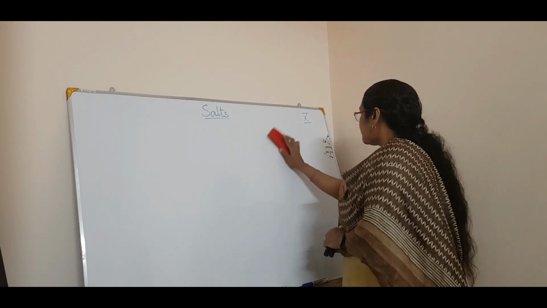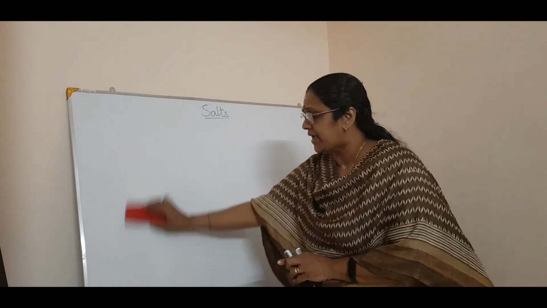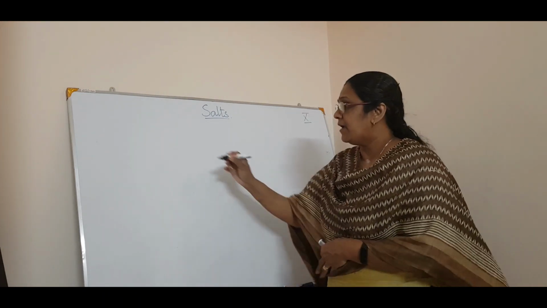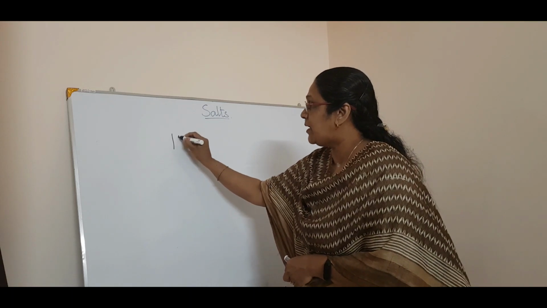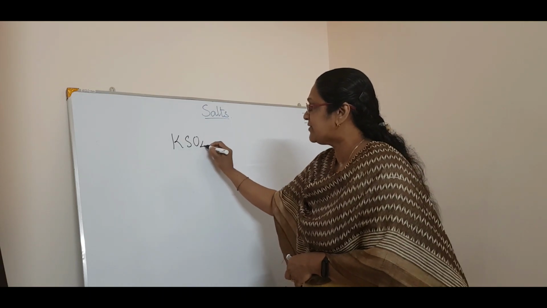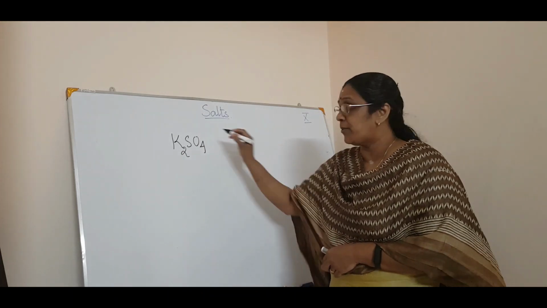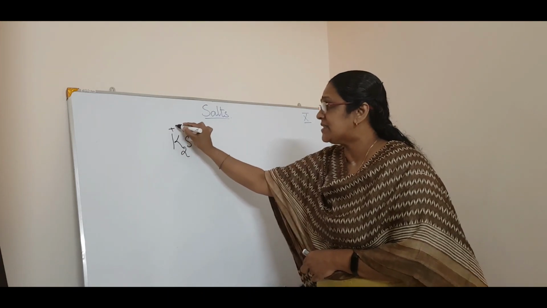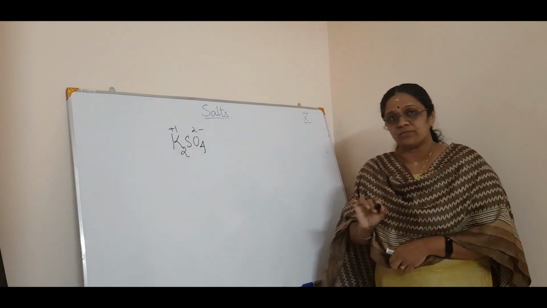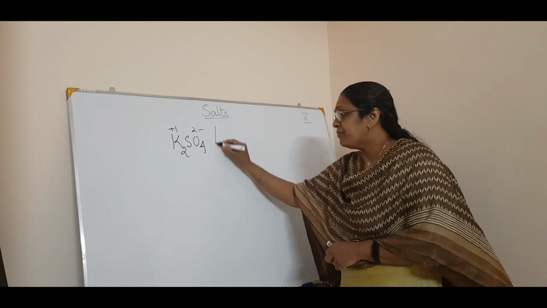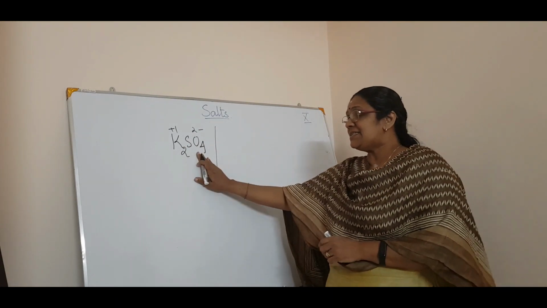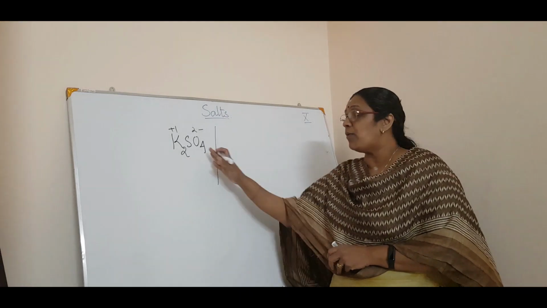Now, if I write a salt, for example, potassium sulfate, what is the formula? Is it KSO4? No. It is K2SO4 because the sulfate is 2- and potassium is 1+. So it is K2SO4. Now tell me, which are the acid and base that form this salt?